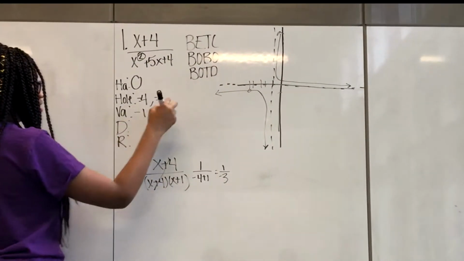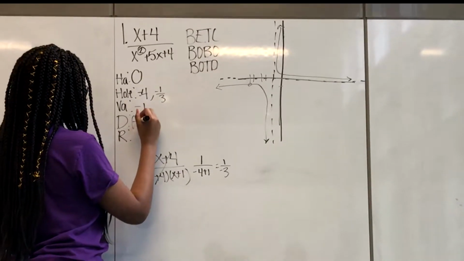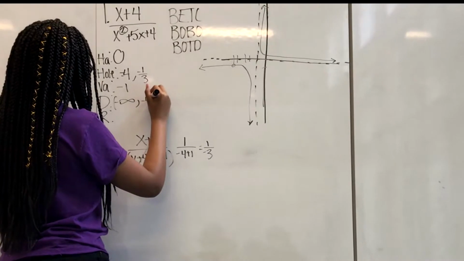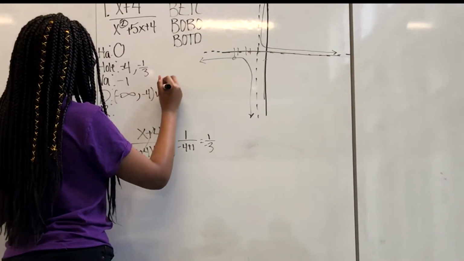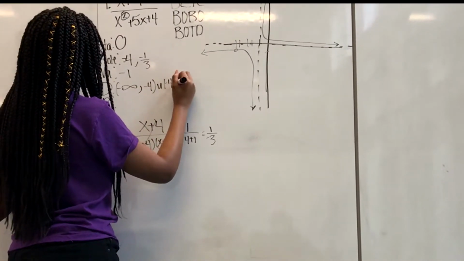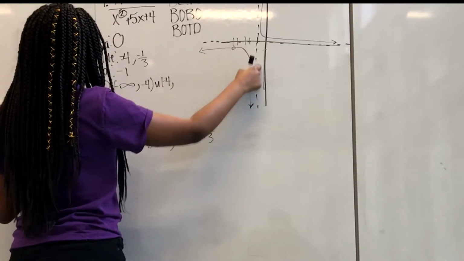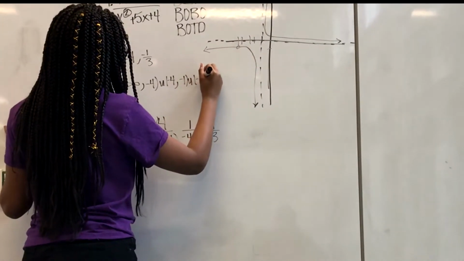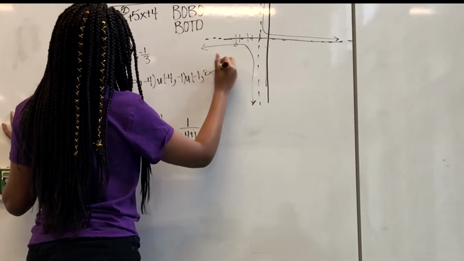So the domain is left to right. So you got negative infinity to the hole, which is -4, union -4 to the vertical asymptote, which is -1, union -1 to infinity.